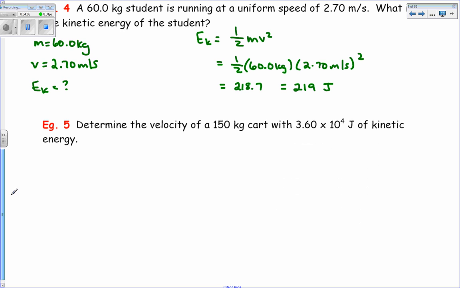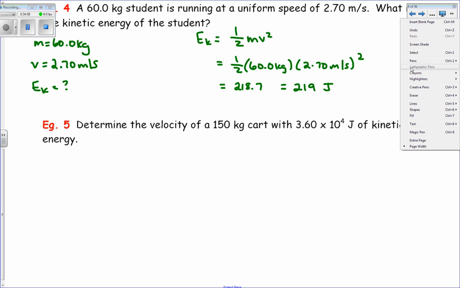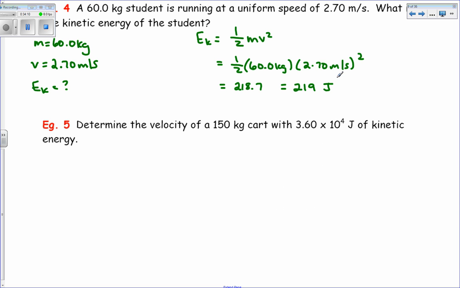We can also rearrange it to solve for other things. So we want to determine the velocity of a 150 kilogram cart. So this is going to probably have more kinetic energy because it has more than twice the mass of our student. And it has a kinetic energy of 3.60 times 10 to the 4 joules, which means that cart's moving pretty fast.